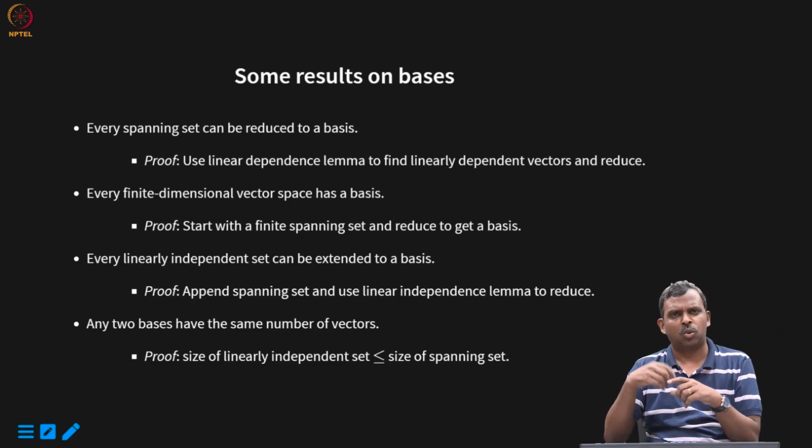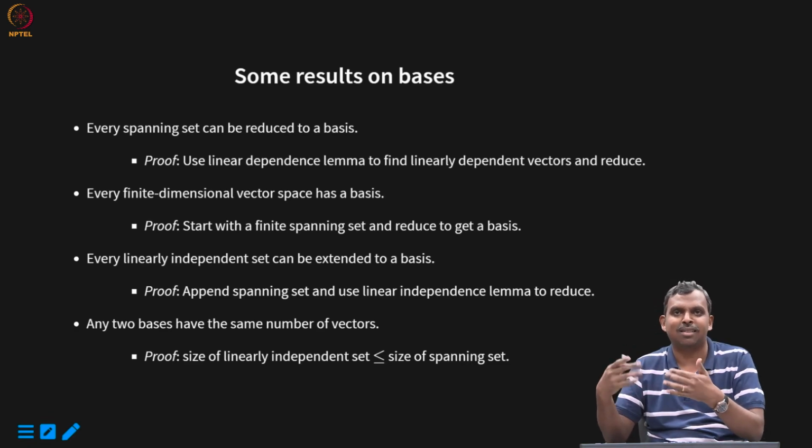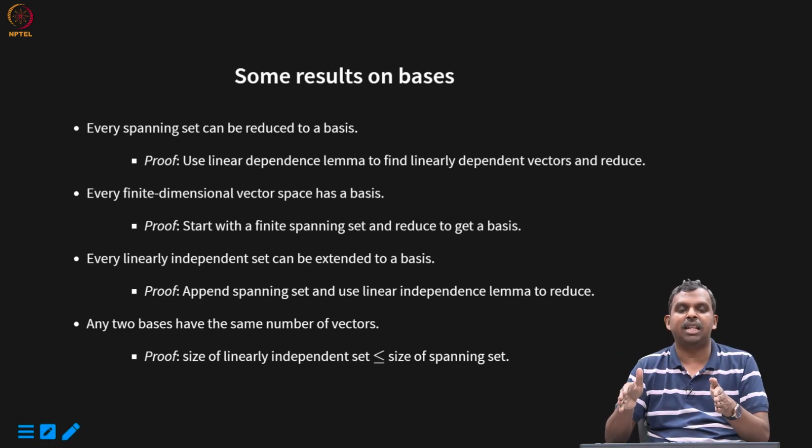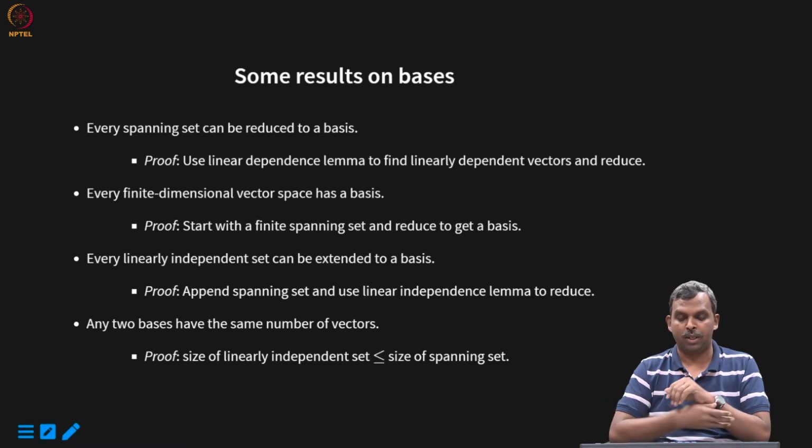Algorithmically how you do it is something we'll see later, but from a theory point of view, it's clear that if somebody gives you a spanning set, you can reduce it down to a linearly independent set. Once you get a linearly independent set with the same span as the original set, you have a basis. Okay, so every spanning set can be reduced to a basis. That's the idea.